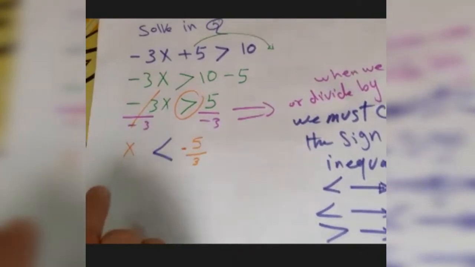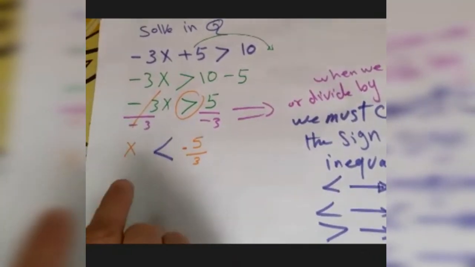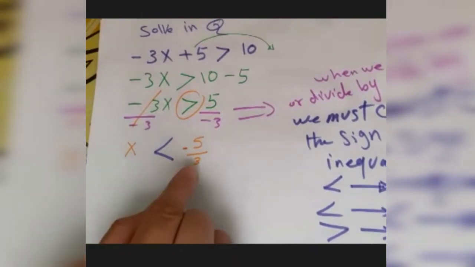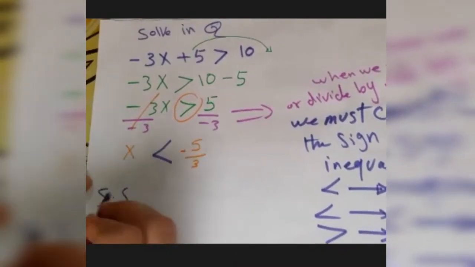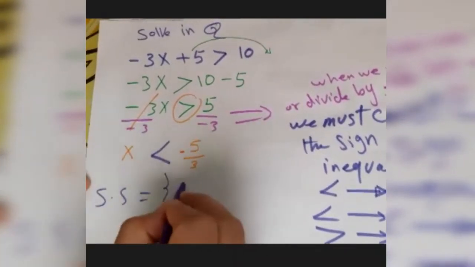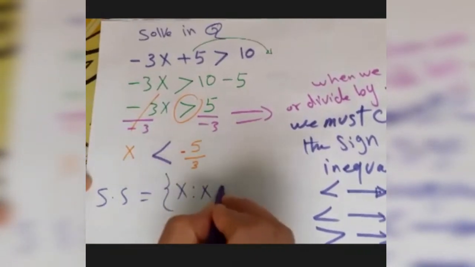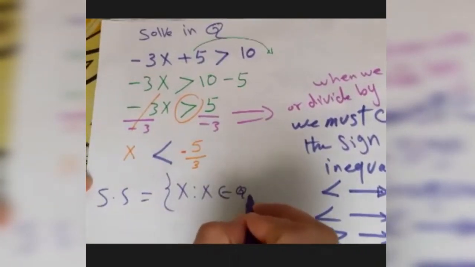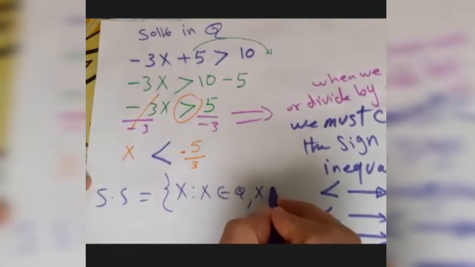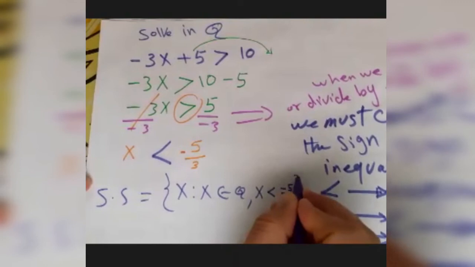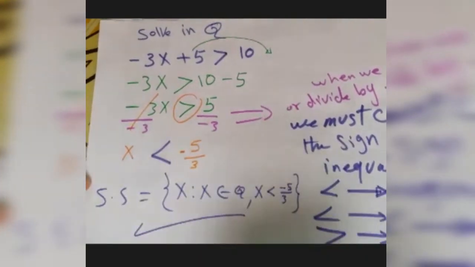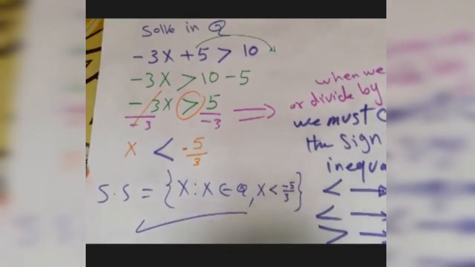Now we have the solution, x smaller than negative 5 over 3. This number belongs to Q, and we can say SS equals the set of x, such that x belongs to Q and x is smaller than negative 5 over 3, and close the set. Now we have solved the inequality.